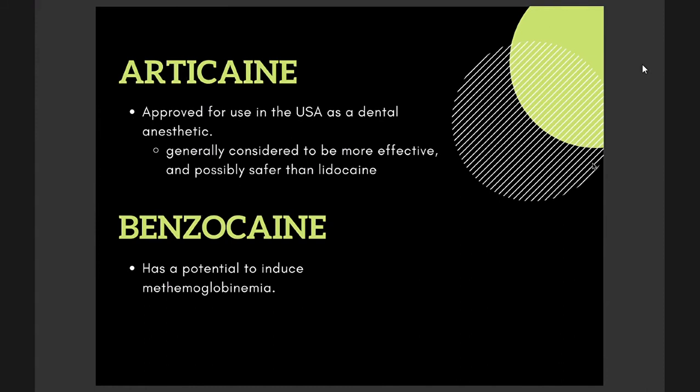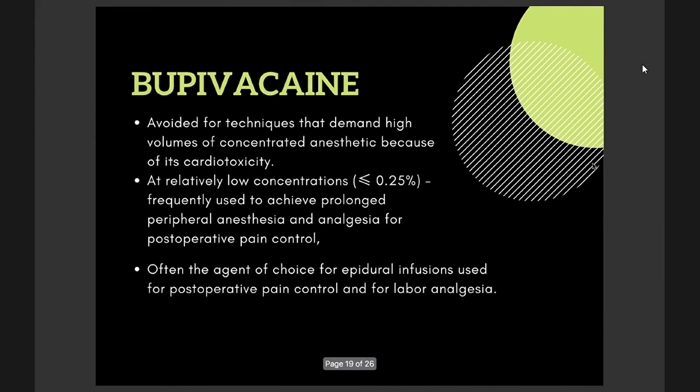So you have benzocaine. Benzocaine has a potential to induce methemoglobinemia. There is another local anesthetic that can cause methemoglobinemia, which we will mention later. It is prilocaine.